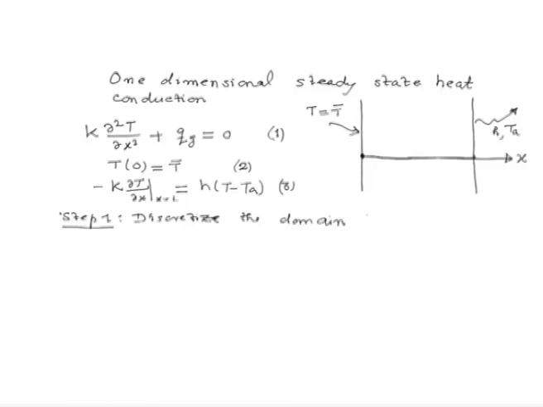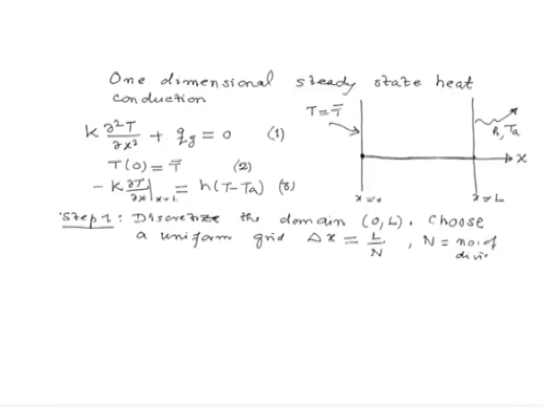So domain would now be given by 0 to L, and let us choose, for the sake of simplicity of our discussions today, a uniform grid delta x, which is given by, if you use n divisions of our computational domain, the total length is L. So delta x would become L by n, where n is number of divisions or we can also call it number of cells.